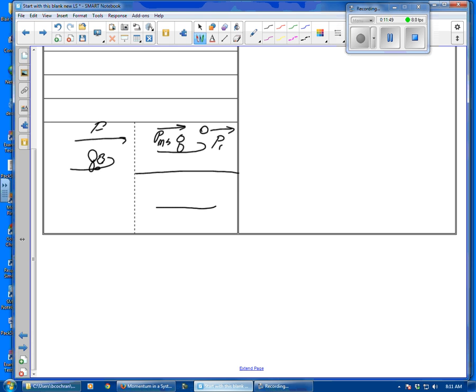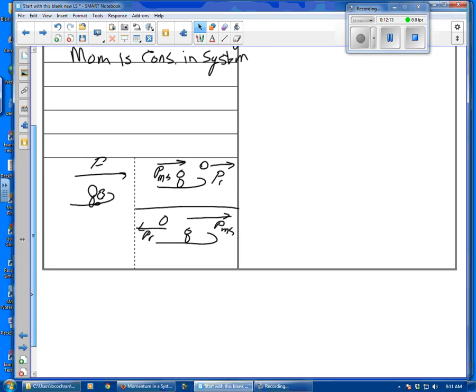And then for the second situation, we've got the rock moving that way. We've got momentum of the man and sled going that way. So there's our momentum diagrams for this.